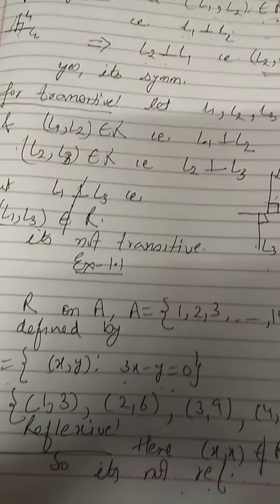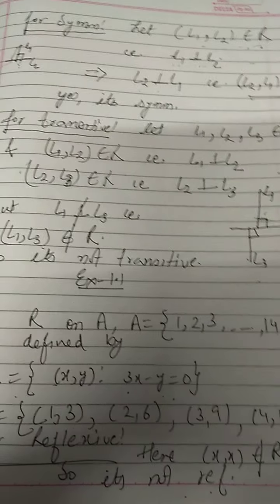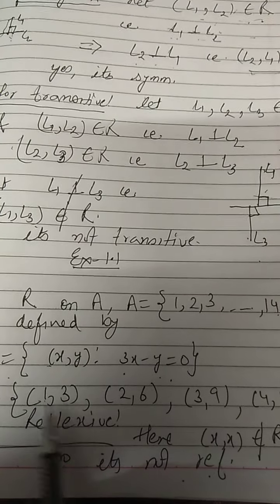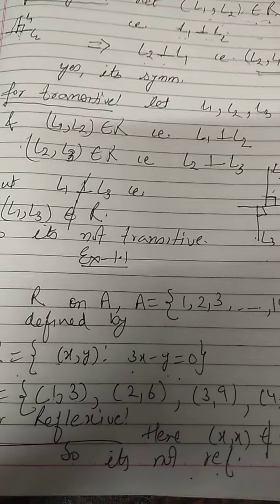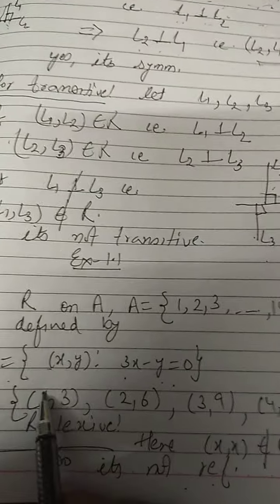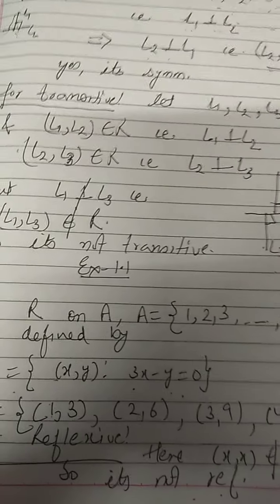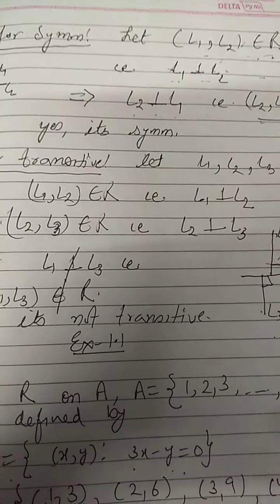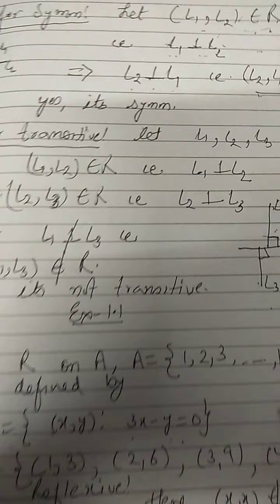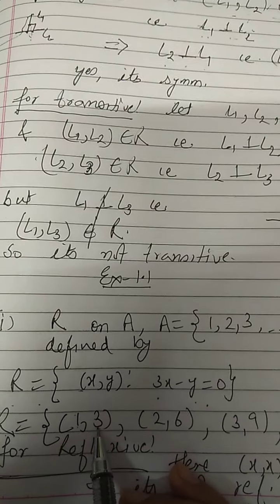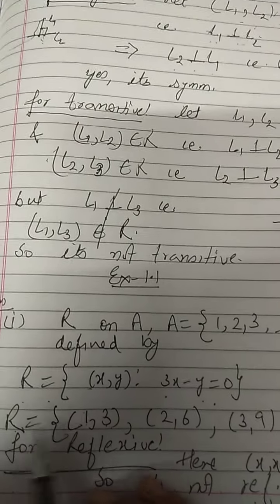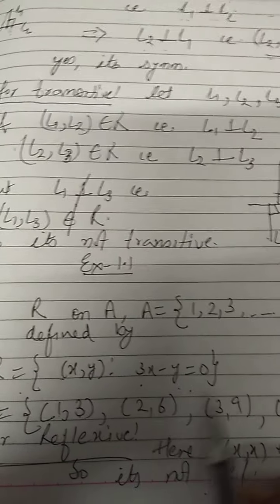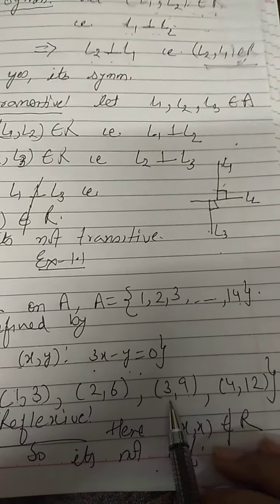Similarly, when I have to check whether the relation is symmetric, what do we do? Symmetric means I have to interchange the position of the first element and the second element. Now we have (1, 3) belonging to the relation, but (3, 1) is not present in the relation. (2, 6) is there, but (6, 2) is not there. (3, 9) is there, but (9, 3) is not present.